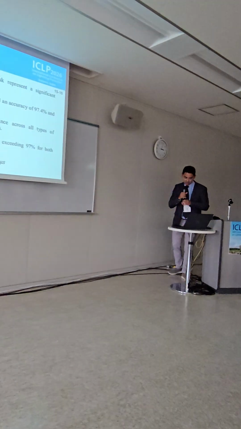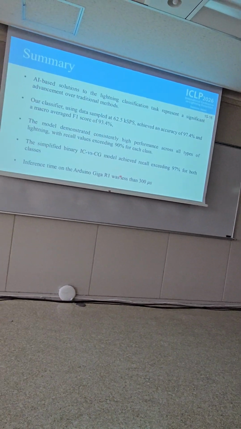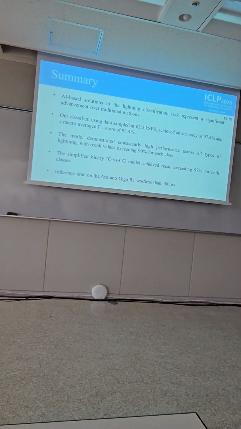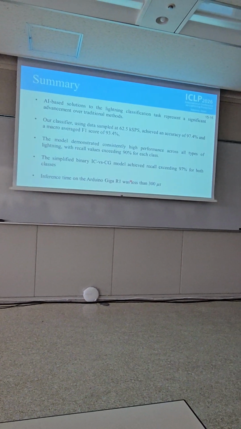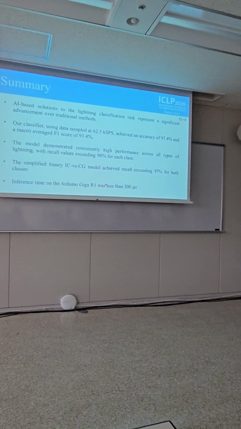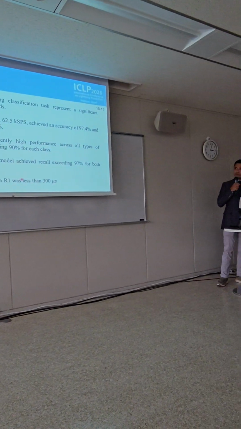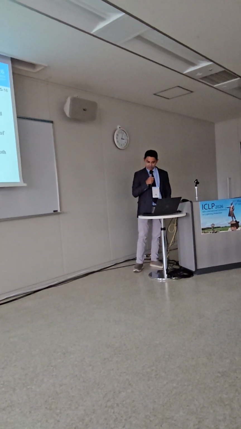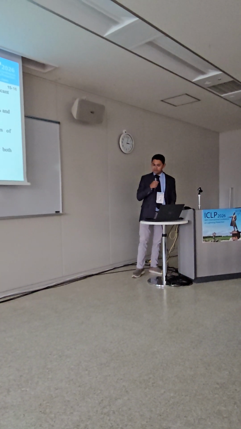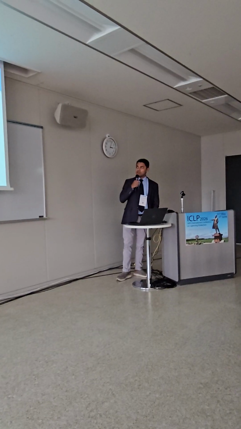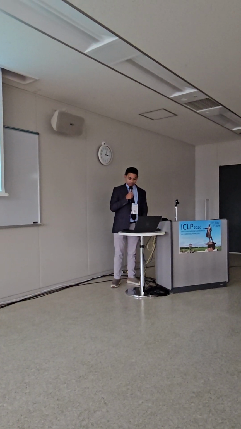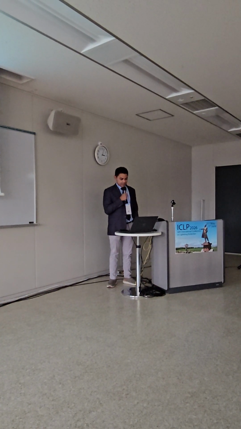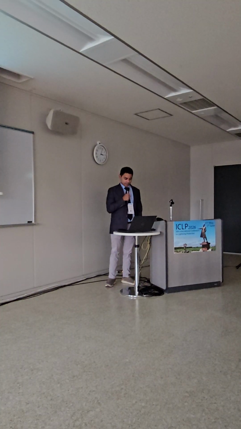So, in summary, AI-based solutions in lightning classification present a significant achievement over traditional methods. Our classifier, using data sampled at about 62 kilosamples per second, has a good accuracy, more than 97%.